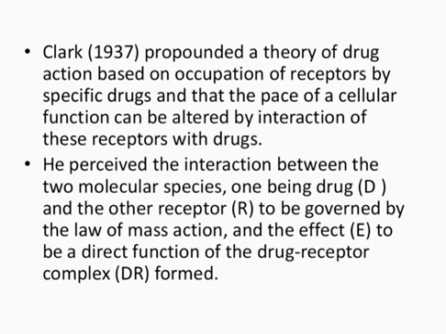He basically perceived that the interaction between the two species, one being your drug and the other your receptor, can be governed by the law of mass action, and the effect is mainly the direct function of the drug receptor complex which is formed.